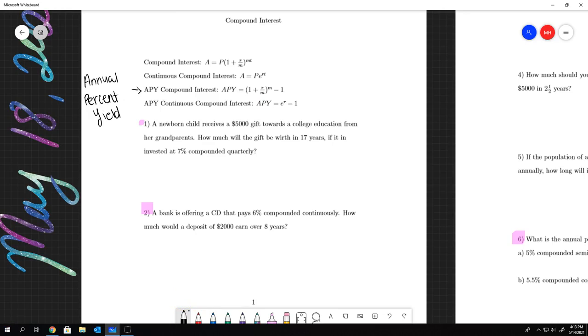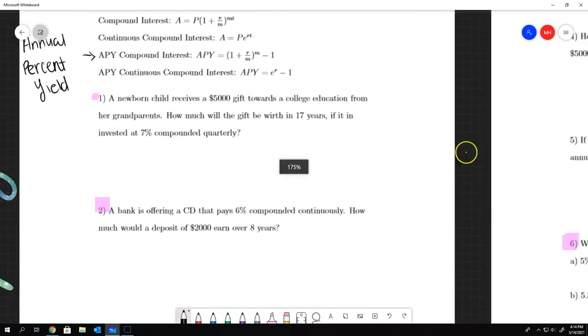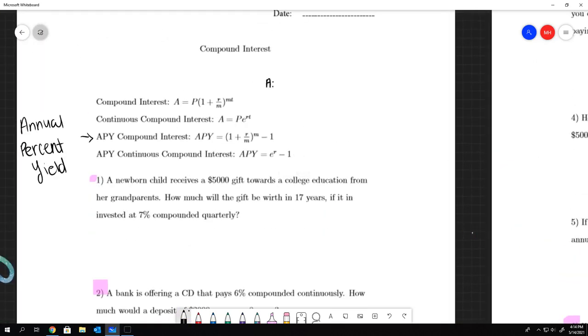So A, R, M, T, and P are all going to have the same meanings while we do these. So A is our final amount. P is the initial or starting amount.